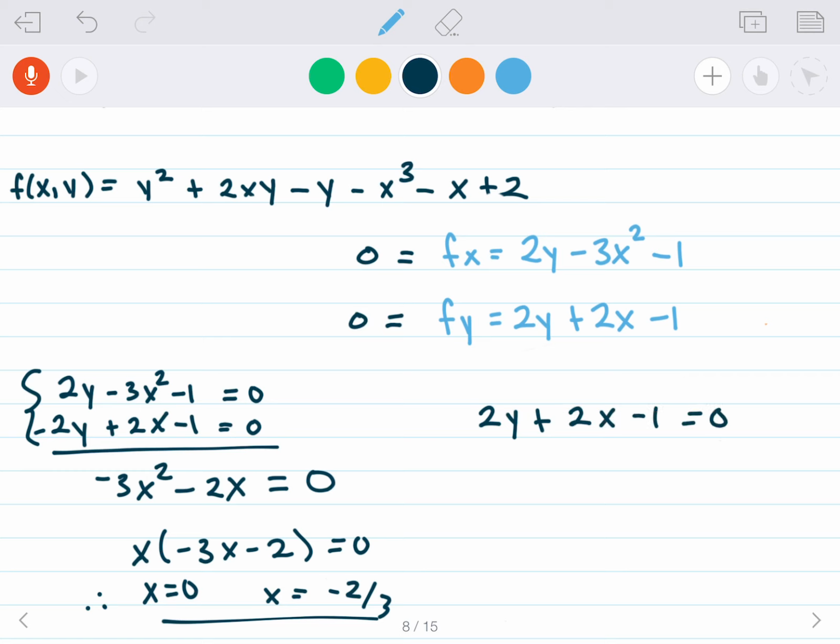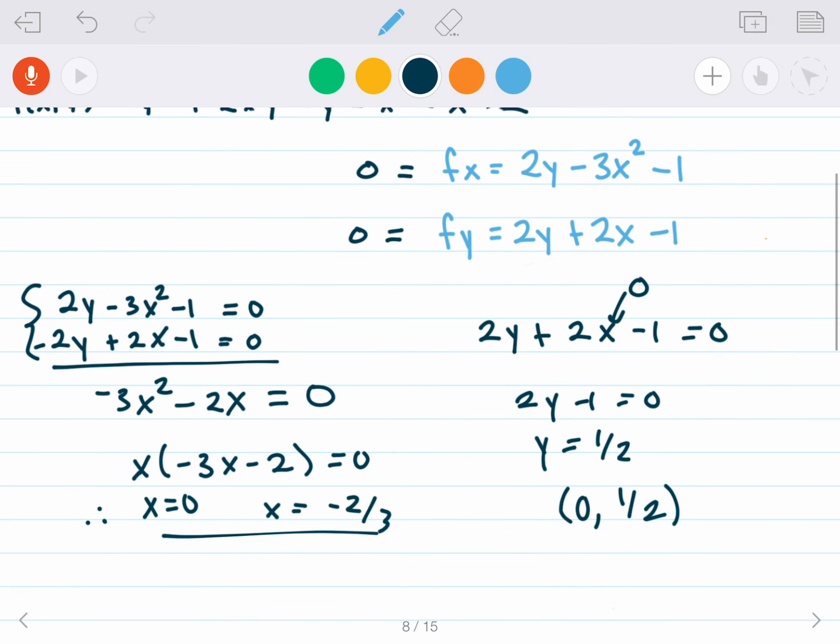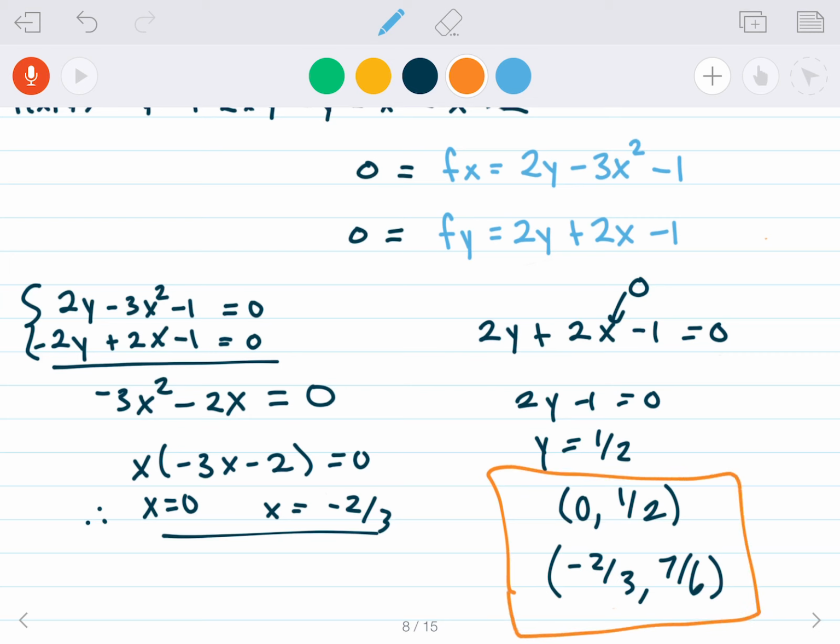If I plug in 0 for x, I get 2y minus 1 equals 0, y equals a half. So (0, 1/2) is a critical point, and then when you plug in negative 2/3 into this function, you end up getting 7 over 6, which you should verify. So these are your critical points.